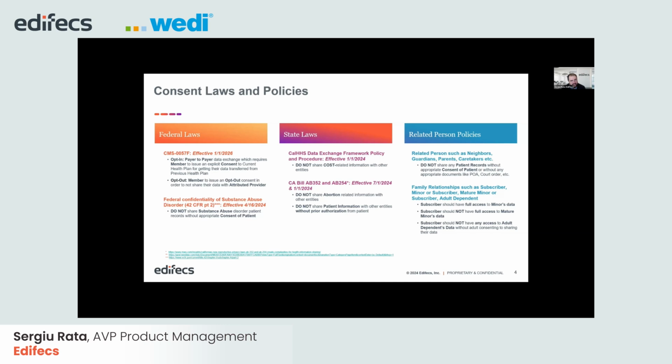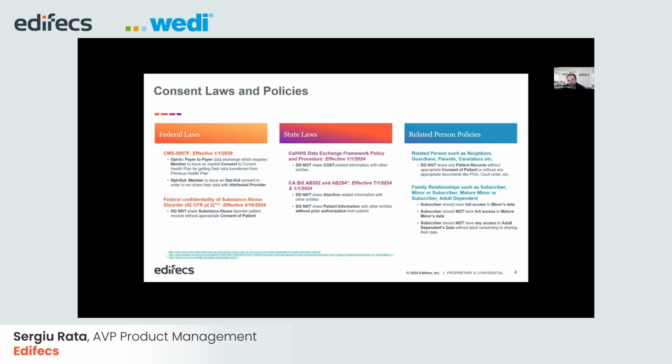The Federal Confidentiality of Substance Use Disorder rule, which is actually already effective, says that payers should not be sharing substance use disorder patient records without explicit consent from the patient himself. So those are some examples of federal laws. At the state level, California has been advancing on this front.